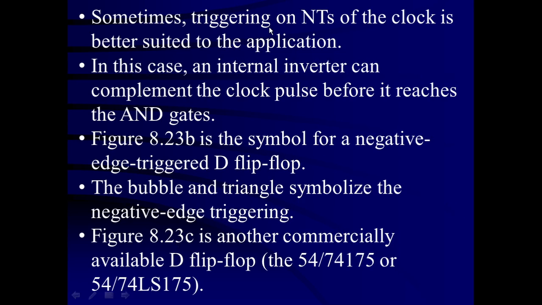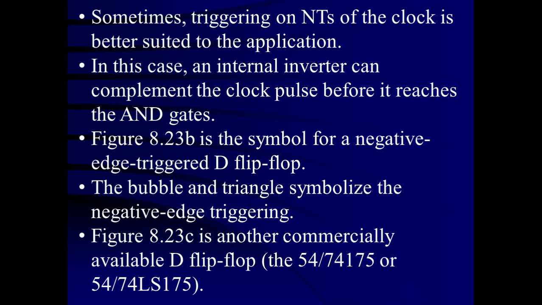Sometimes triggering on the negative transition of the clock is better suited for the application, and that's why a negative edge triggered D flip-flop can also be prepared. In this case, an internal inverter can complement the clock pulse before it reaches the AND gate. So inside the IC there will be an inverter.